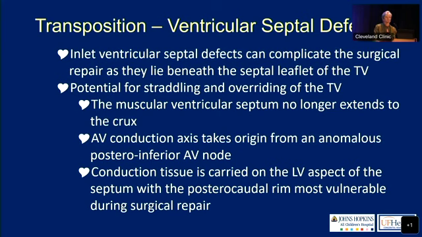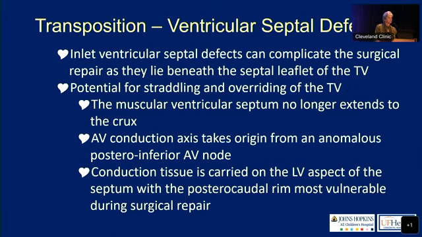The muscular ventricular septum in these hearts with straddling and overriding of the tricuspid valve no longer extends to the crux of the heart, so that the atrioventricular node takes an anomalous origin along the posterior inferior border of the defect. We'll look at the triangle of Koch in a minute.